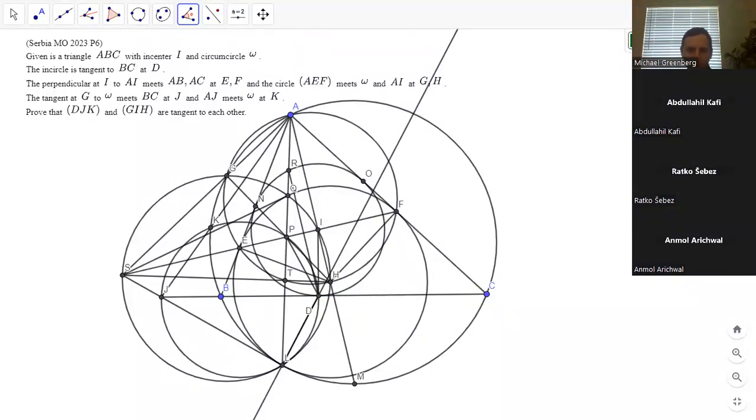Maybe there's some similar triangles. So this is tangent. Maybe triangle PDB is similar to triangle ACL. Could that be? I don't know about that. Let's check it. Maybe it's true.